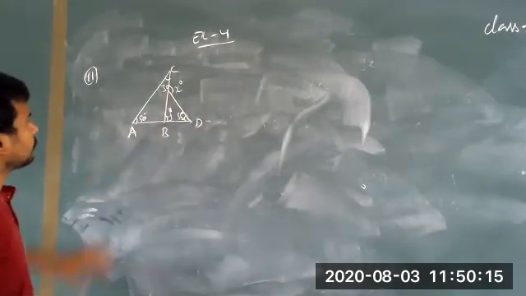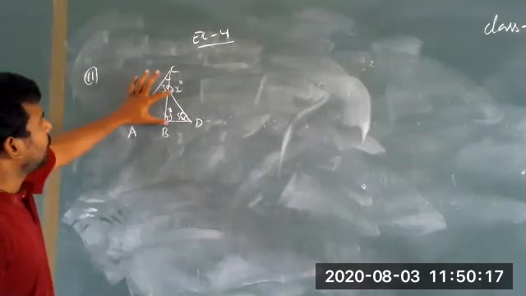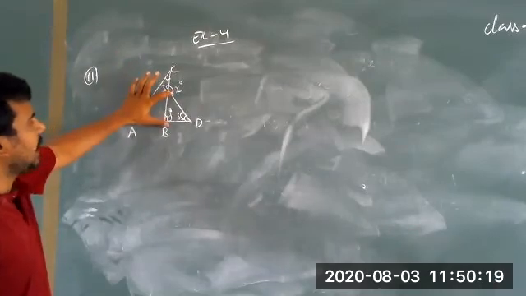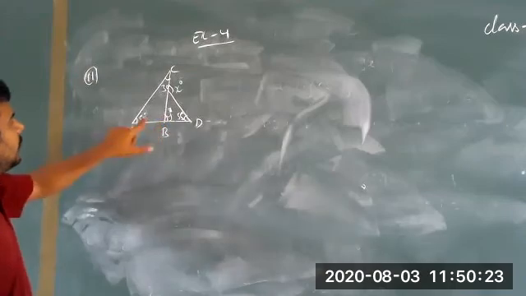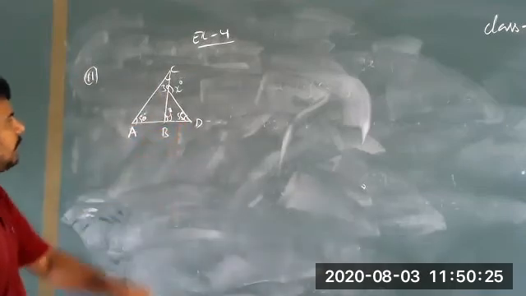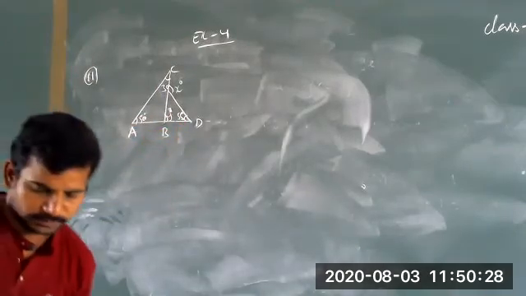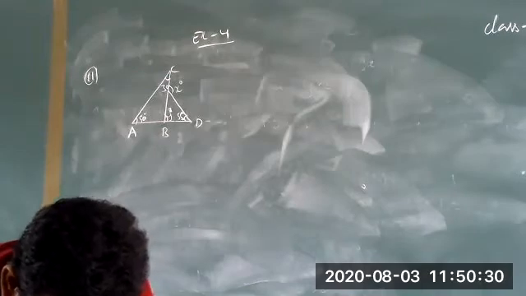So listen, children. First, this is the exterior angle. Which angle, children? Exterior angle. So this is y degrees, 50 degrees, 30 degrees, 55 degrees. So observe that diagram, children, everyone.